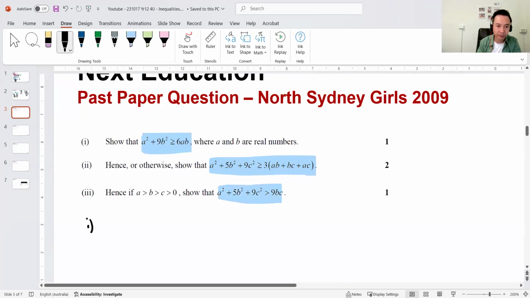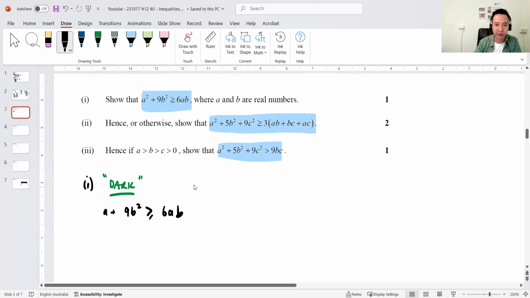That one. Now, you can go dark on this, and I'll go dark once more for you guys, just to illustrate what that means. Go dark basically means you start with a question, which is naughty because it's not true yet. You can't start with an inequality that's not true.